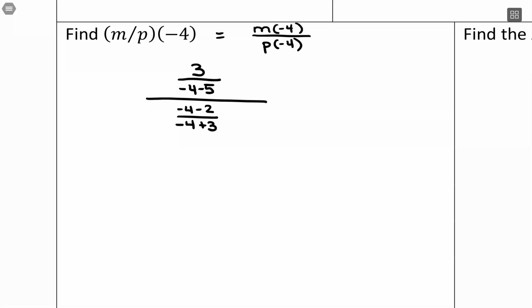So I'm getting a complex fraction here where I have fractions within fractions. So I'm just going to simplify that numerator completely. So that is 3 over negative 9. I'll just keep it in that form for now. Over, and then negative 6 over negative 1.